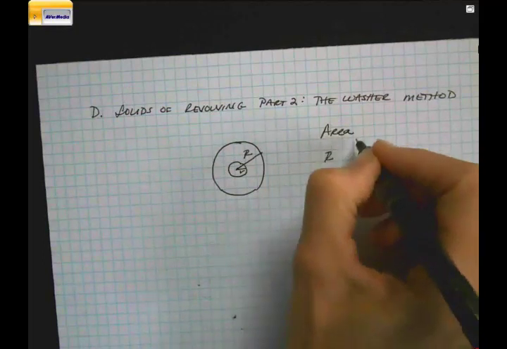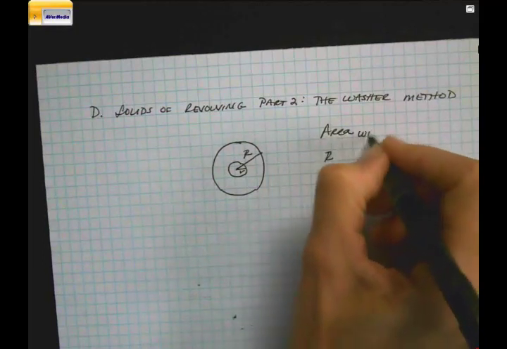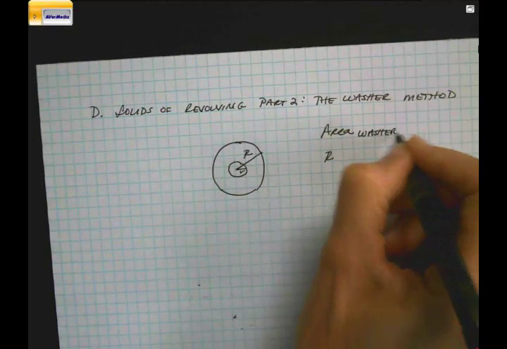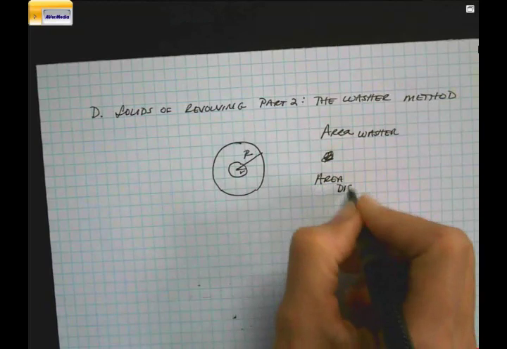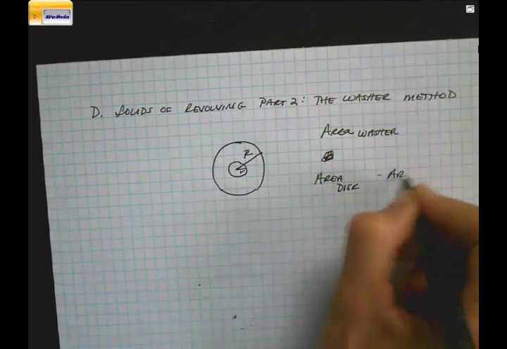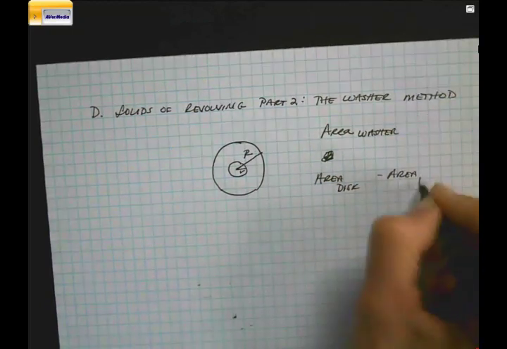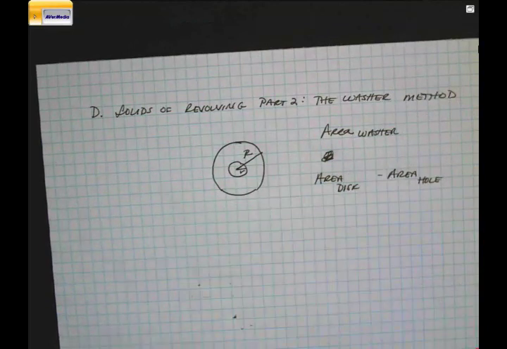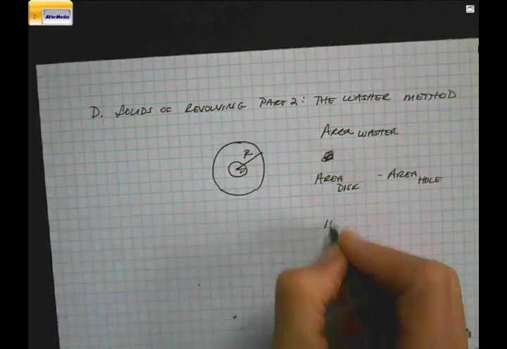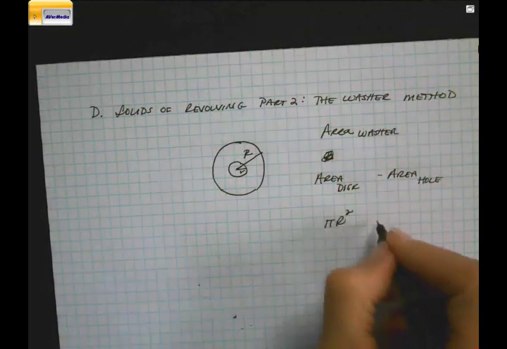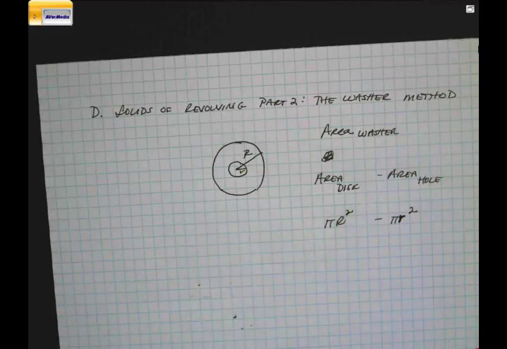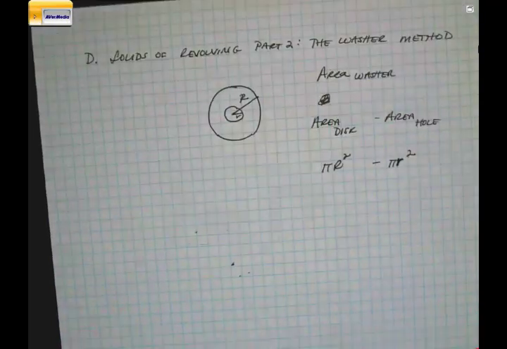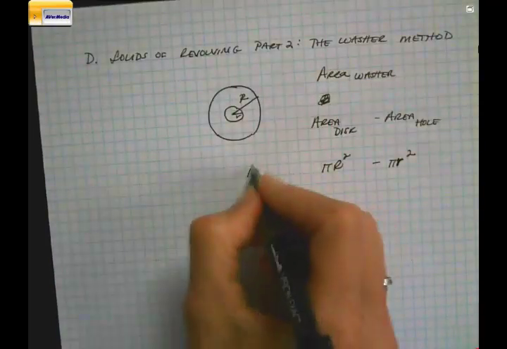The area of the washer equals the area of the solid disk minus the area of the hole. So this is pi capital R squared minus pi lowercase r squared.